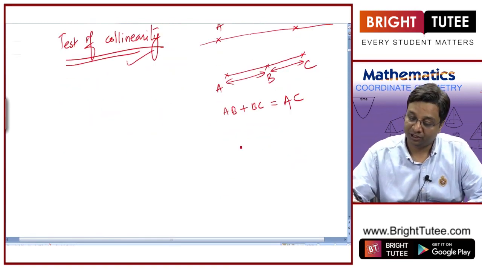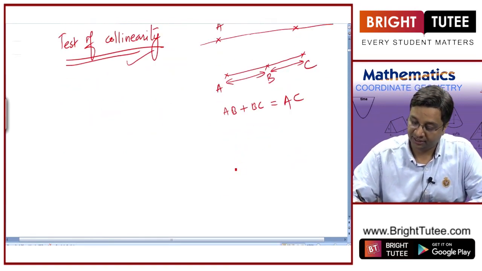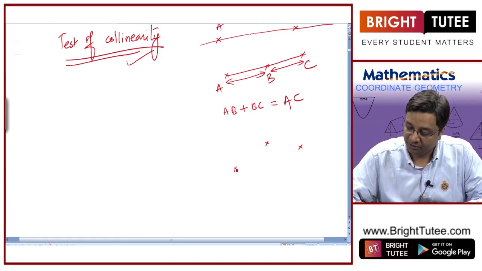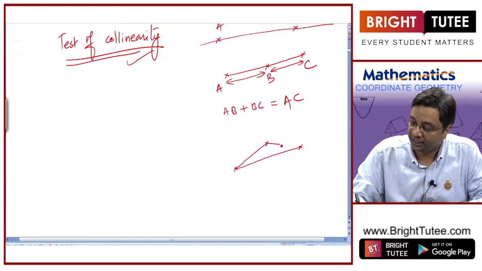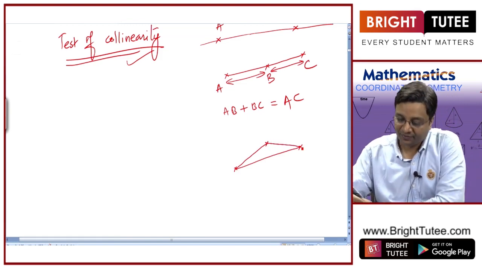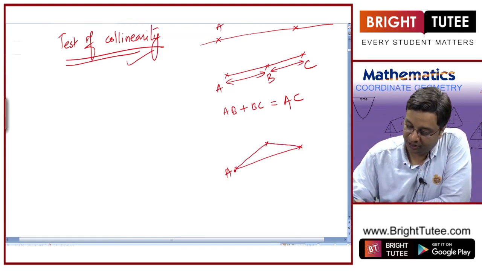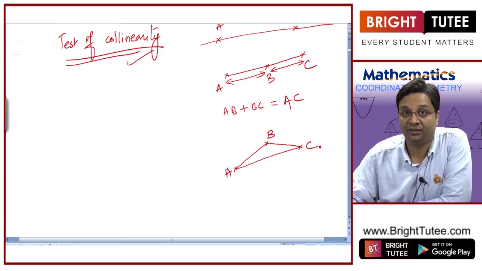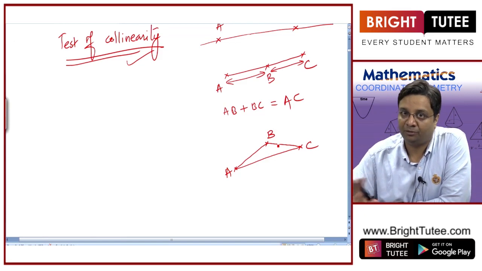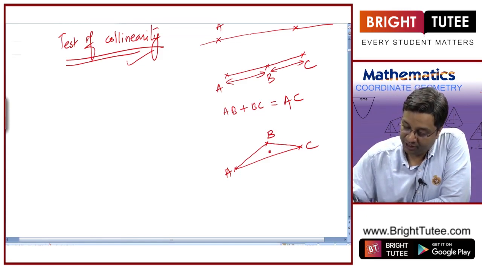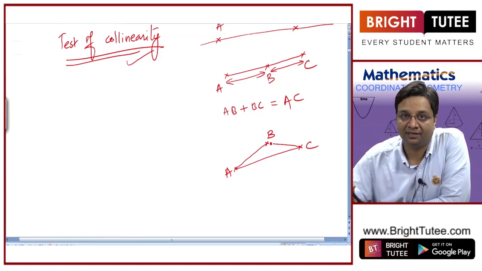But let's take a situation where these 3 points are not collinear. When you join these two, and these two, and these two, let's say this point is A, this point is B, this point is C. Now these 3 points are not collinear, we have taken the points like that. Now you see these 3 points are making a triangle here.